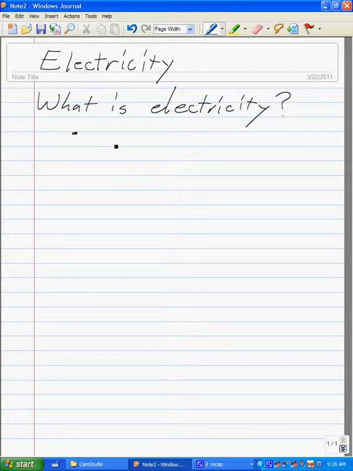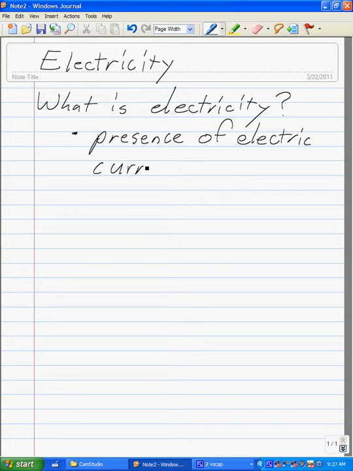Electricity is what's called the presence of electric current. So I'm highlighting important terms that you need to know. You need to know what electricity is, but we also are going to define electric current in just a second.